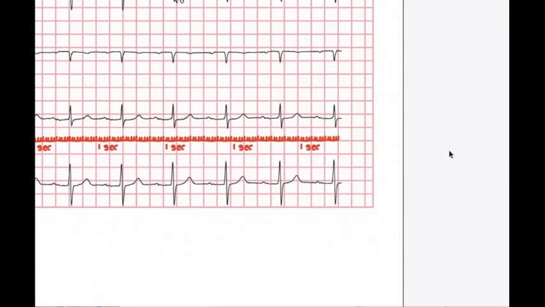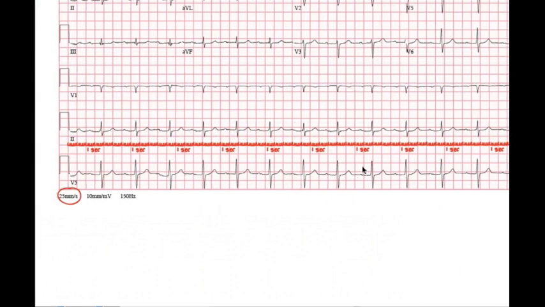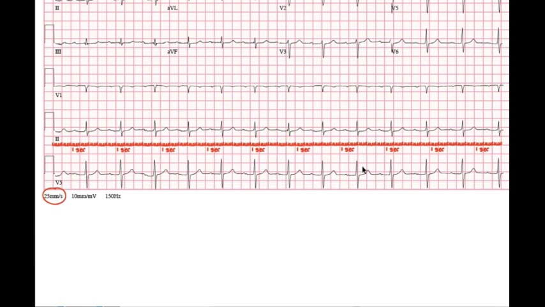Let's zoom out and see exactly how many of these we got. There. So, on this EKG we got 1 second, 2, 3, 4, 5, 6, 7, 8, 9, 10. The whole EKG is only 10 seconds long, given that you have 25 millimeters per second. These speeds can change, but for the most part it's set on that.